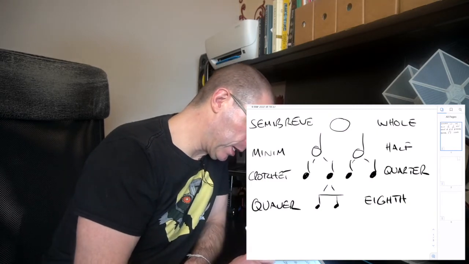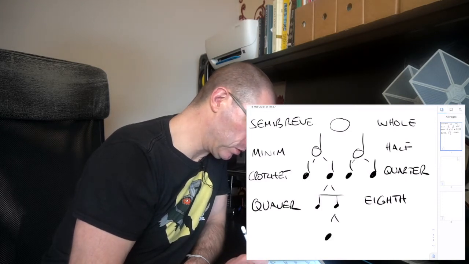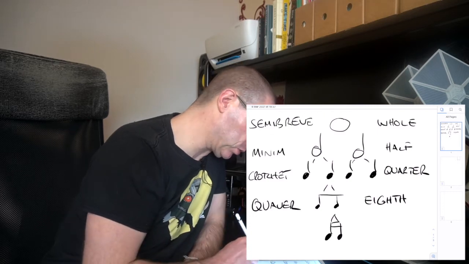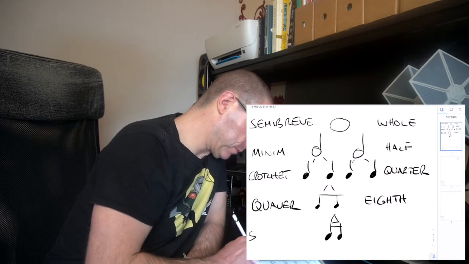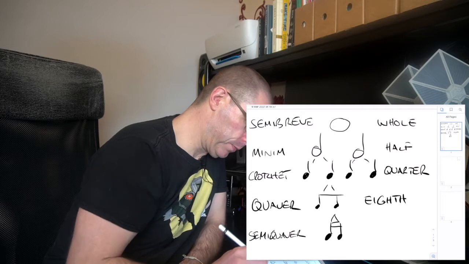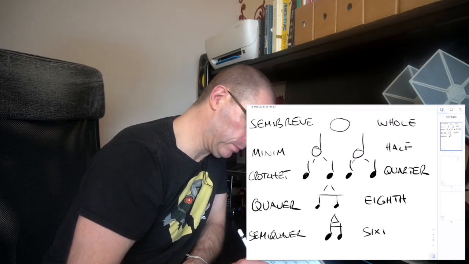And then if we halve the value of the quaver, we move down to the semiquaver, which looks like the quaver but has 2 bars across the top. Semiquaver, and believe it or not, it's a 16th note.